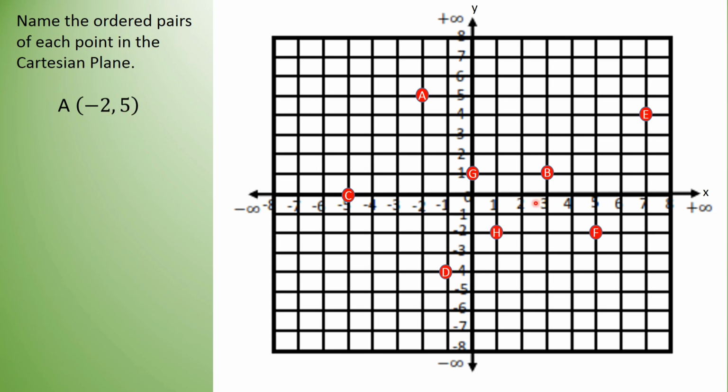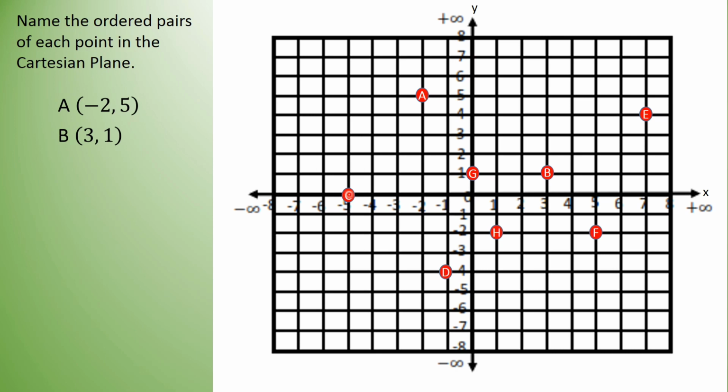Next, point B. So take a look first at the x-axis. So we have here +3. And on our y-axis we have +1. So point B is the ordered pair 3, 1. Next, point C. So point C is located here. So consider first the value on the x-axis.